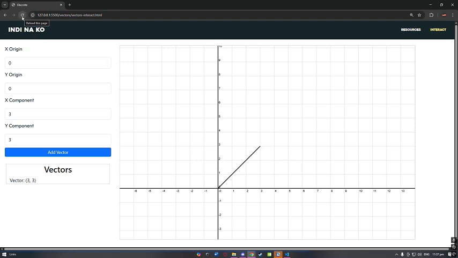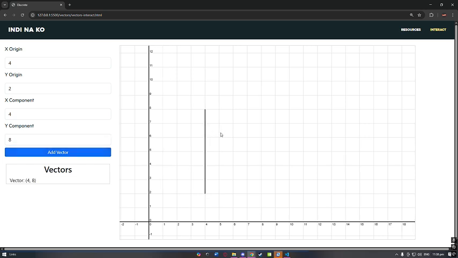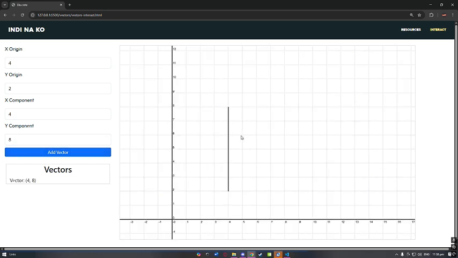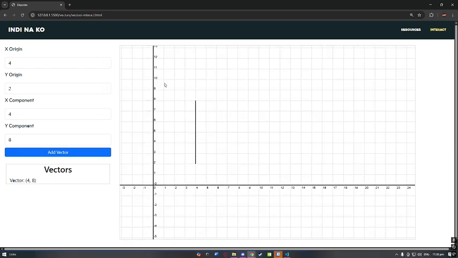If we want to create a line from, let's say, 4, 2 towards 4, 8, so 4, 2 and 4, 8, if we input those numbers, as you can see, we can create a vertical line. If you want to add more lines, which is also possible, we can do something like this: 4, 8, and let's say we want to create a horizontal line from here toward 11, 8.